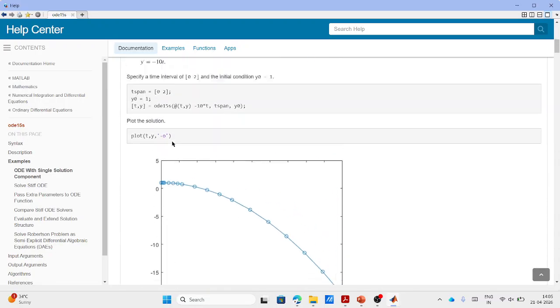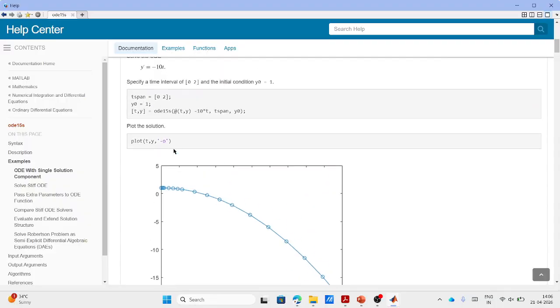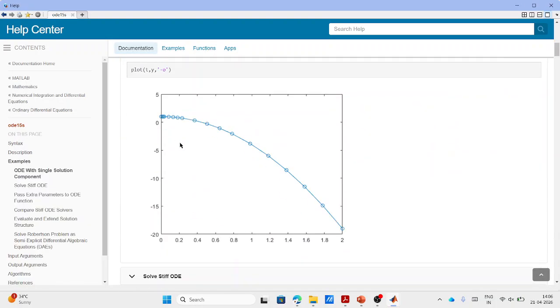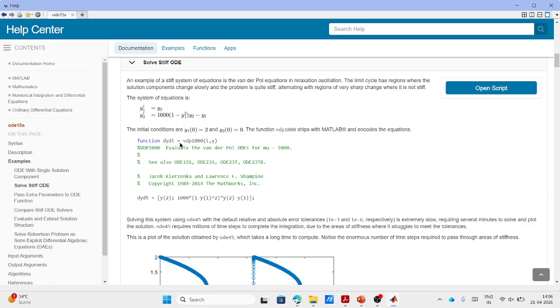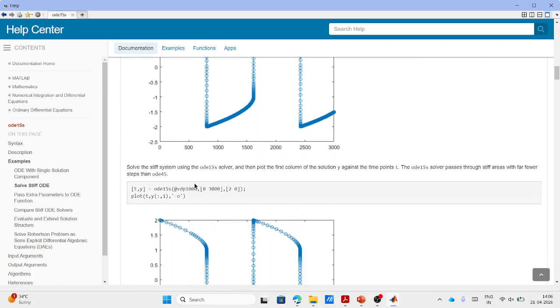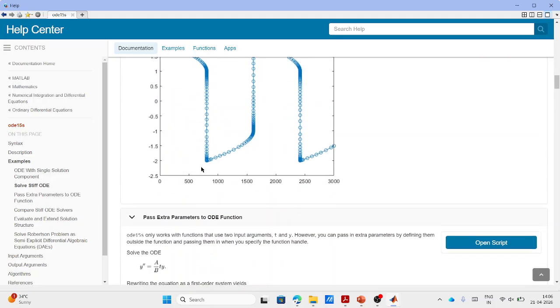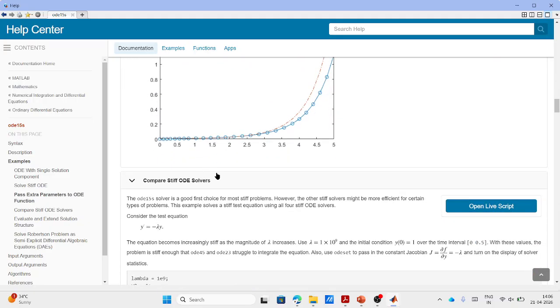This here is plotting one variable, y, and they should have plotted both.